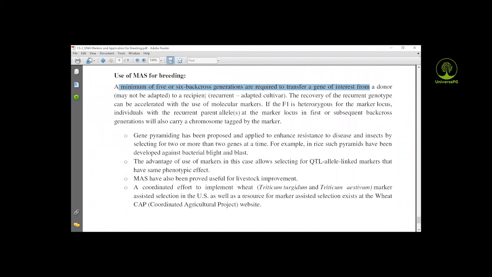Then the recovery of the recurrent genotype can be accelerated with the use of molecular markers. If the F1 generation is heterozygous for the marker locus, individuals with the recurrent parent alleles at the marker locus in the first or subsequent backcross generations will also carry a chromosome checked by the marker.